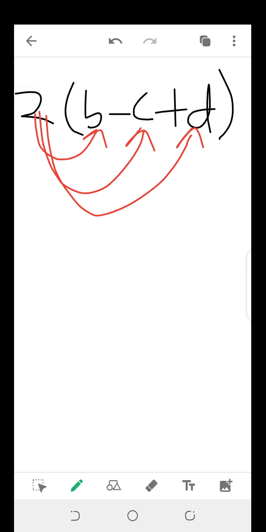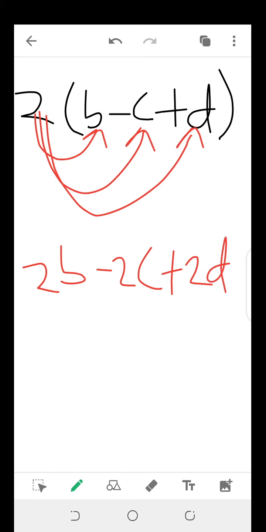That's what we're talking about, the distributive law. So when 2 multiplies b, we have 2b, minus 2 multiplied by c, we get 2c, plus 2 multiplied by d, and we get 2d. This is all about the distributive property or the distributive law.